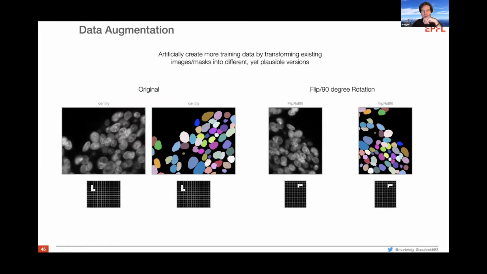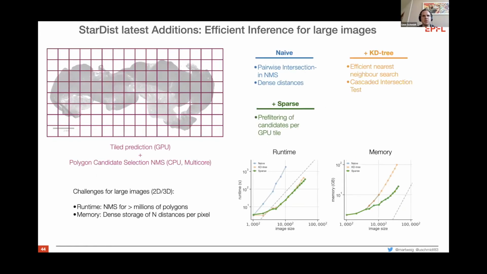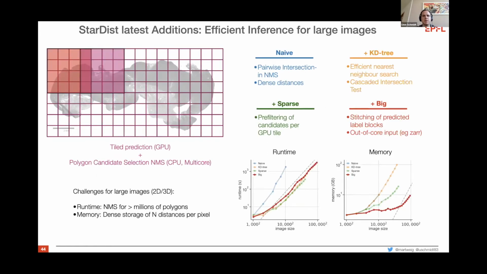One comment. The bottom line is, if you have some really big data, and if you previously ran into memory issues when running on big images, then this big functionality will take care of that. In principle, you can run it on arbitrarily sized images that don't even have to fit in RAM on one machine. What's not parallelized yet is, if you have terabyte-size images, you cannot use several workers at the moment to run the prediction in parallel, but we might add that in the future.